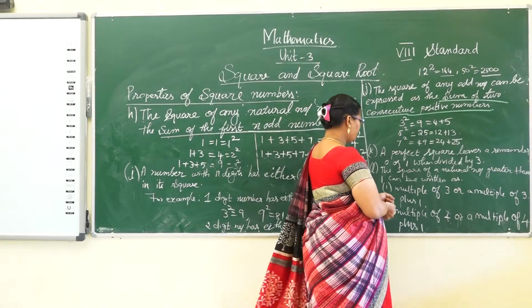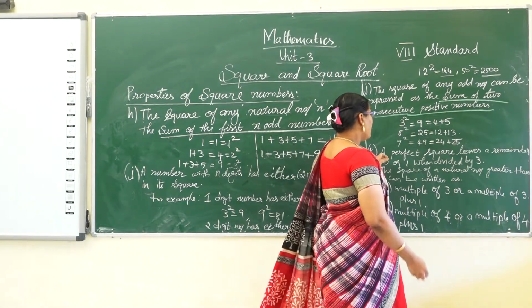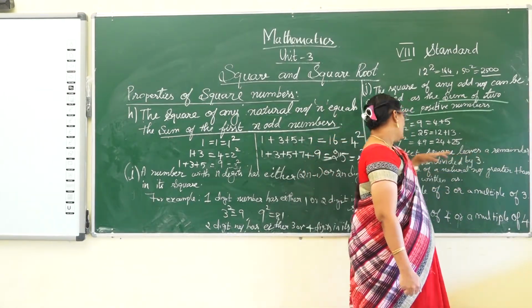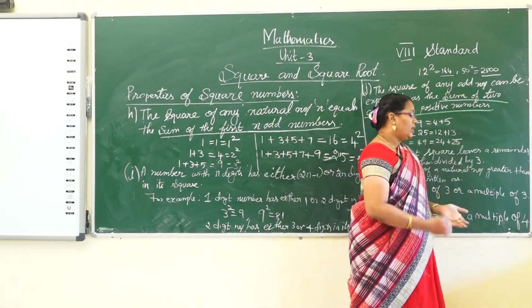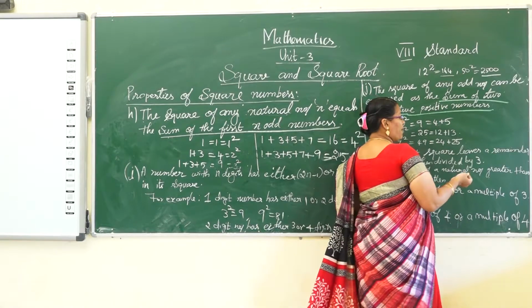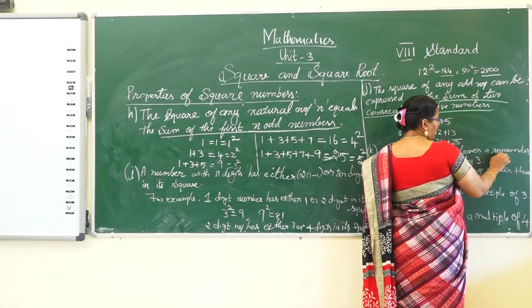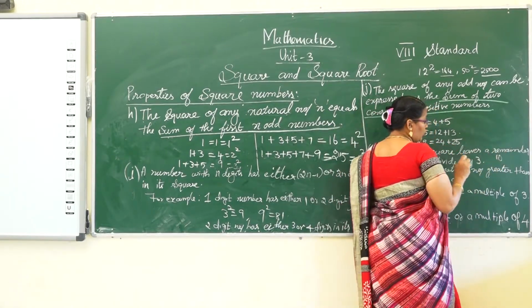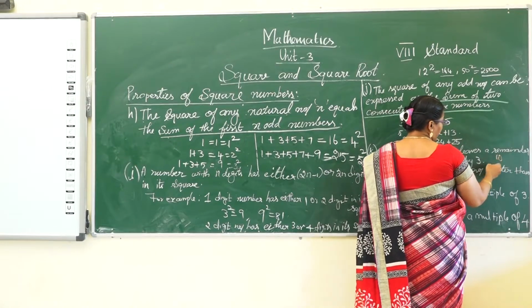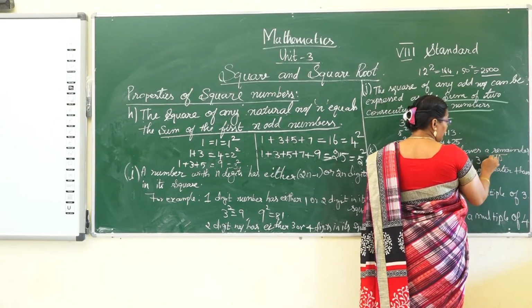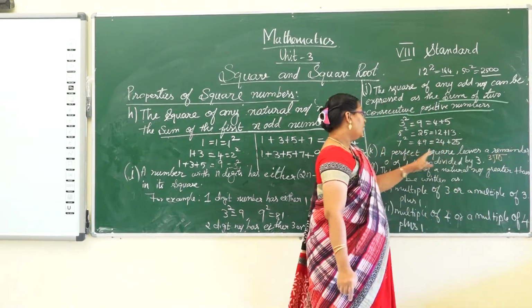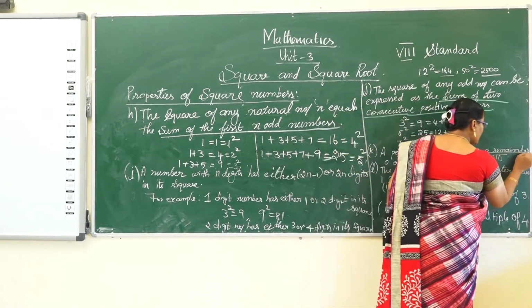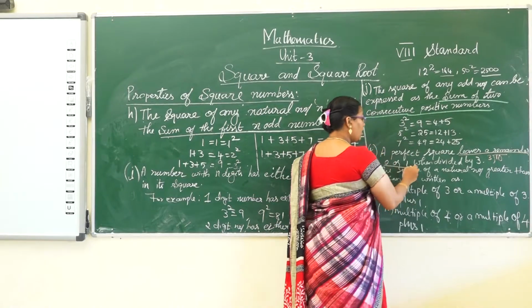Now see the next one. A perfect square leaves a remainder 0 or 1 when we divide by 3. For example, suppose they ask about 10 as a perfect square divided by 3. We get the remainder. 3 divided by 3 leaves remainder 0 or 1.